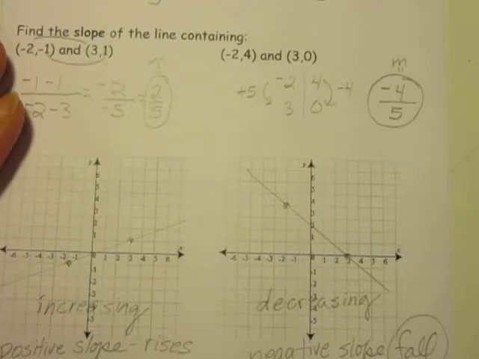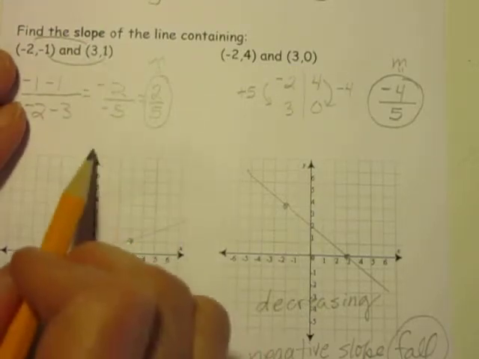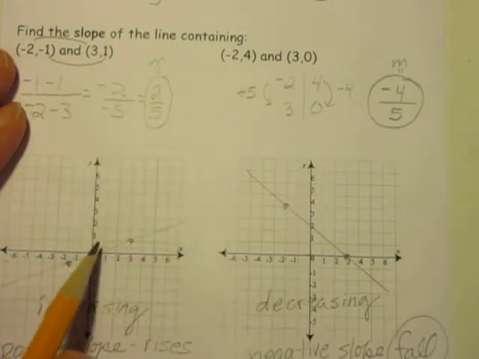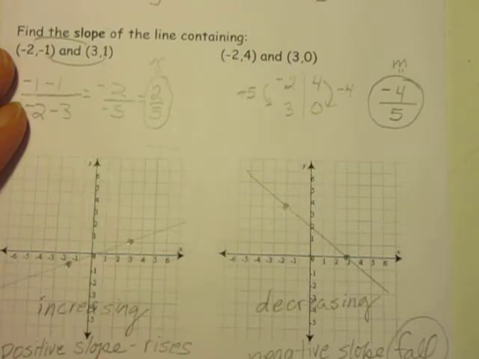Another term that we put to this is, a lot of times when you're plotting data, your data is going to fall in this first quadrant here. And you'll notice if things are rising, you'll say that you have a positive correlation. In other words, as one variable is increasing, the other variable is increasing.